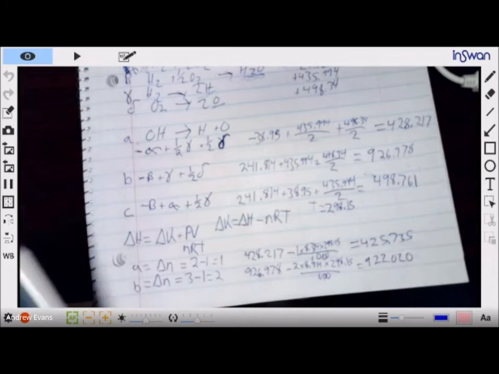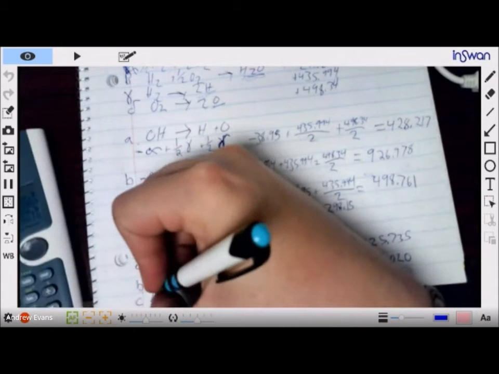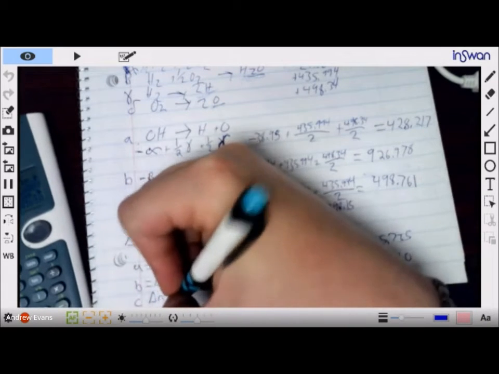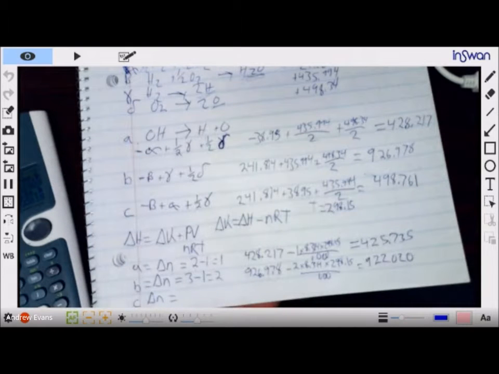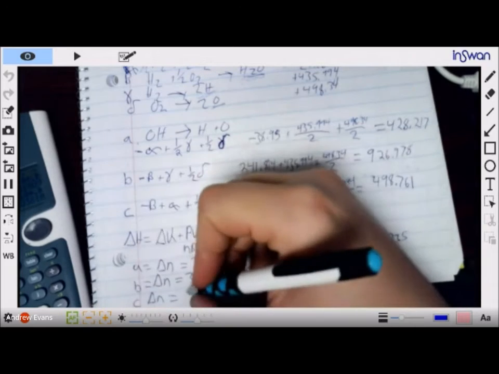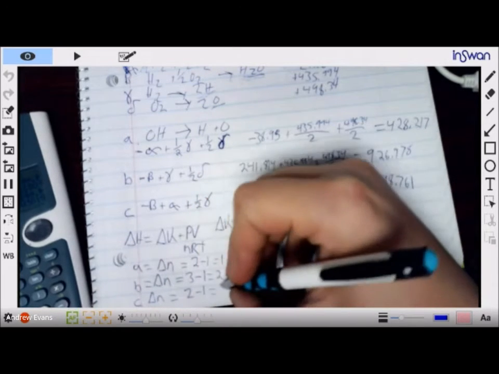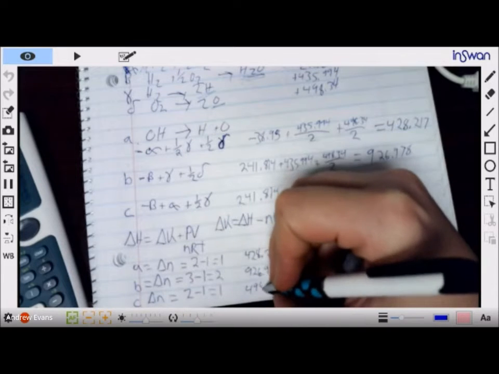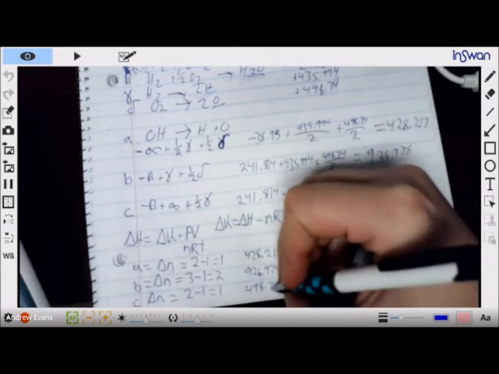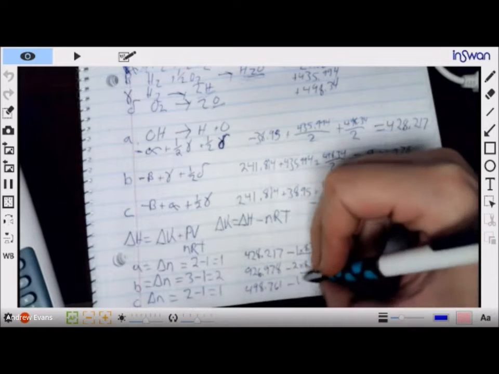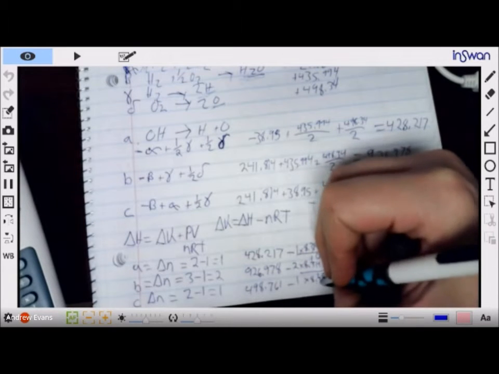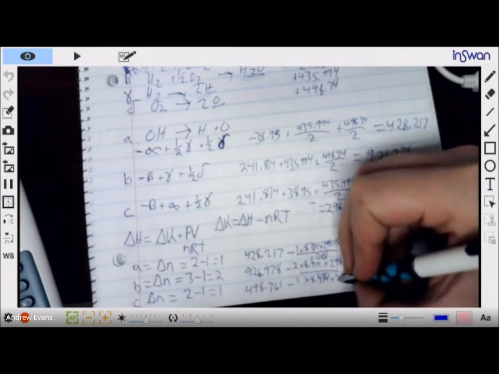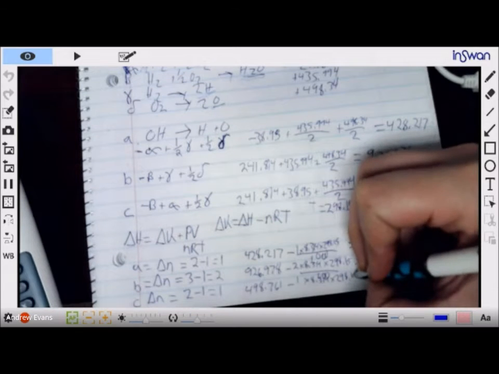And the last one for C, our delta n, we're going from 1 mole of gas to 2 moles of gas again. So 2 minus 1 is 1. So it's going to be our 498.761 minus 1 times 8.314 times 298.15 over 1,000.